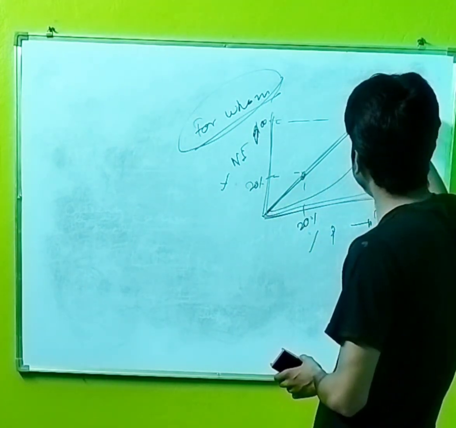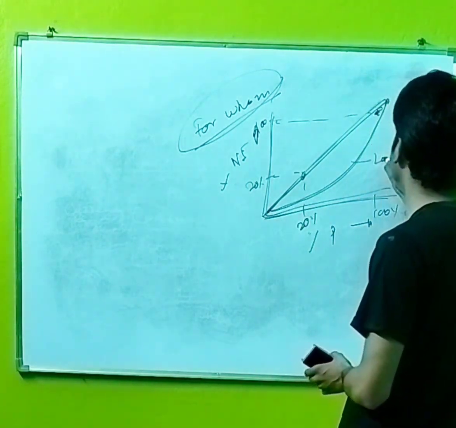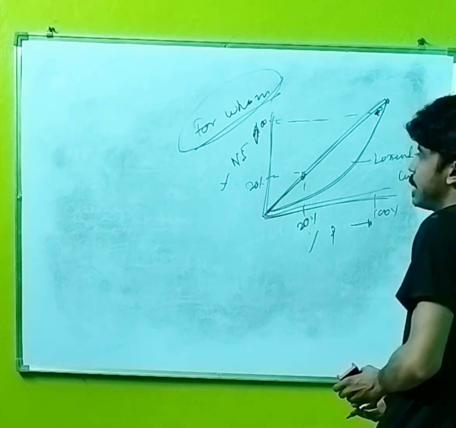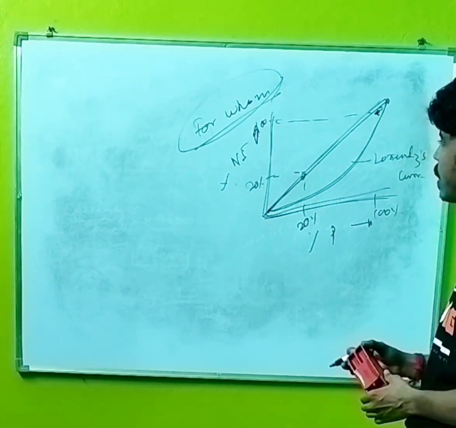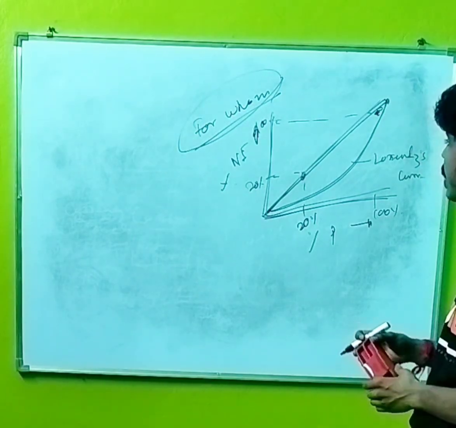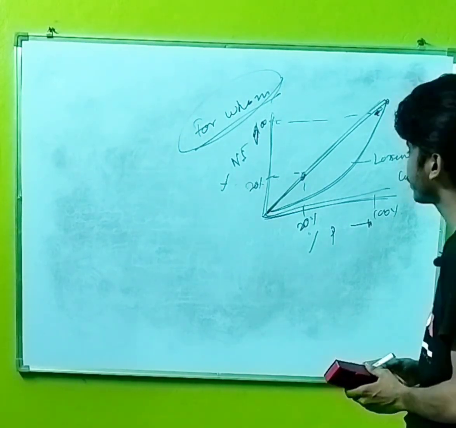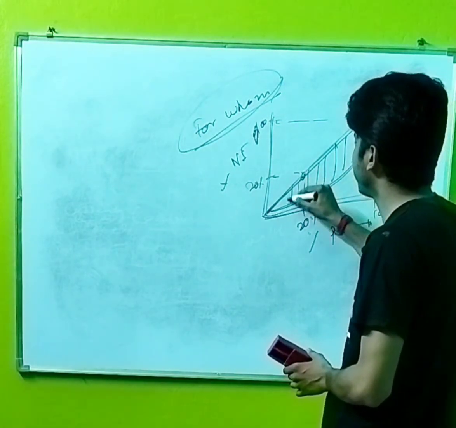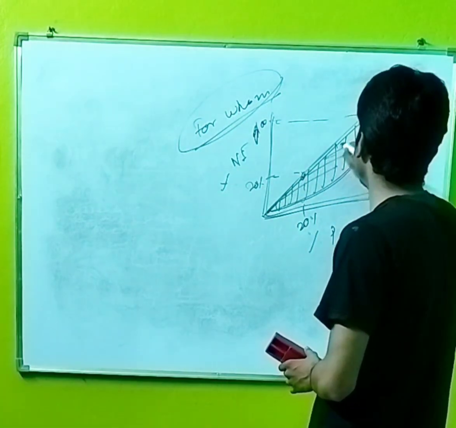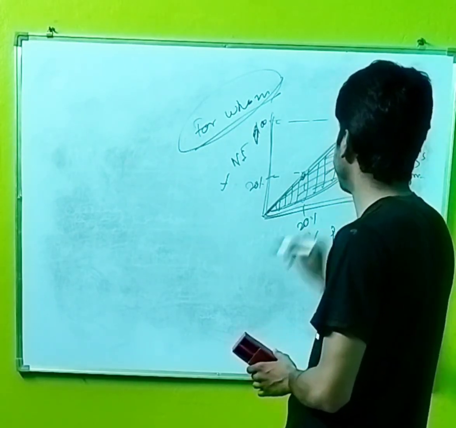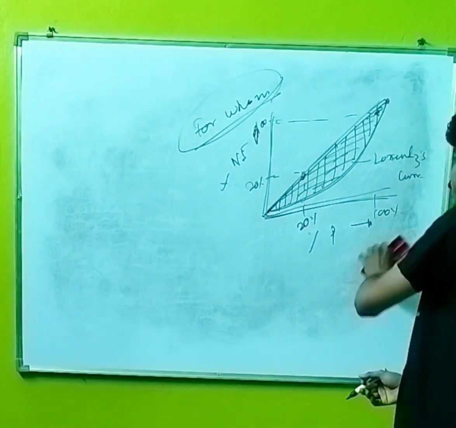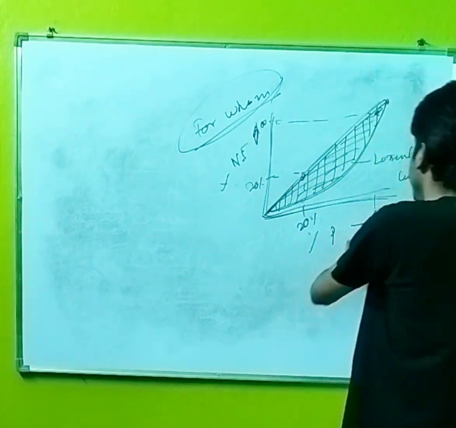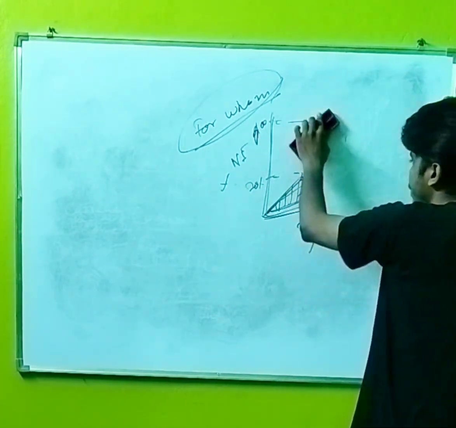Rather, we have an inclined curve. This is called the Lorenz curve. It defines income inequality or inequality in wealth distribution. The greater this shaded area, the worse the economy is, or the worse the distribution of income is. I will look into this Lorenz curve in a later period.